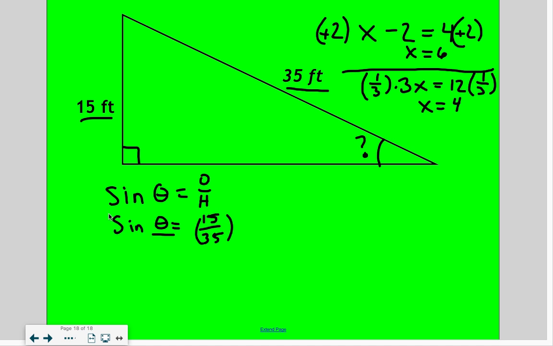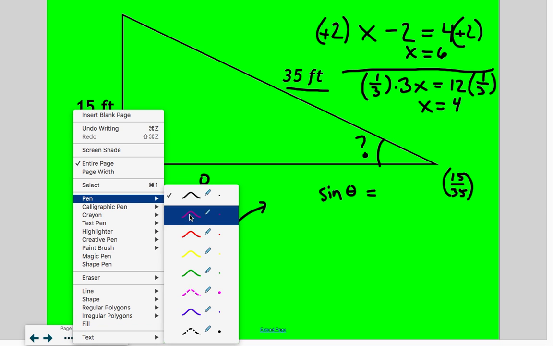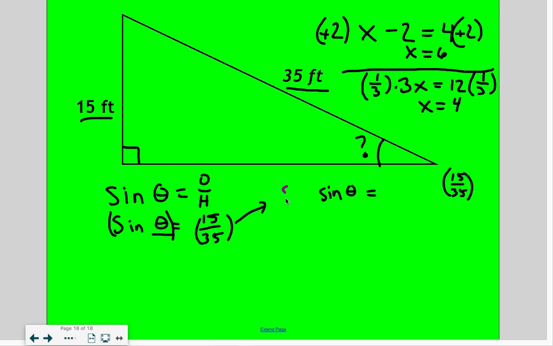If I wanted to get rid of sine, we'll rewrite this: sine theta equals, and I'm going to leave a space and write my 15 over 35 right here. What's going to happen is I am going to take an inverse trig function of both sides. So I'm using my inverse again.